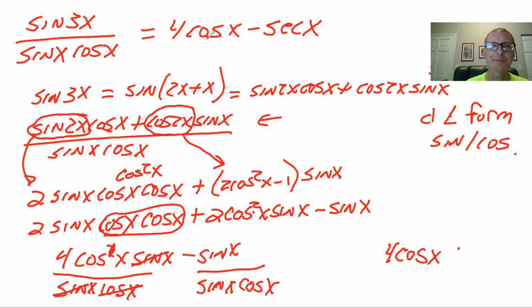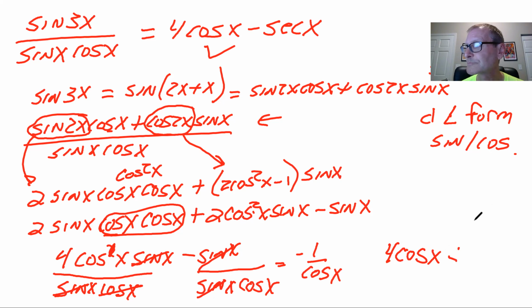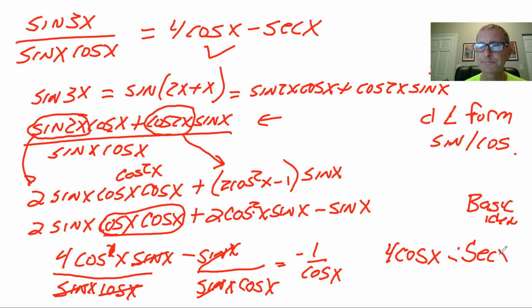Ooh, we're in the right direction, got half of it. So what happens here? Well, this and this cancel. So you're left with minus 1 over cosine of x. And what does that equal? Well, by those basic identities, that would equal secant of x, QED.